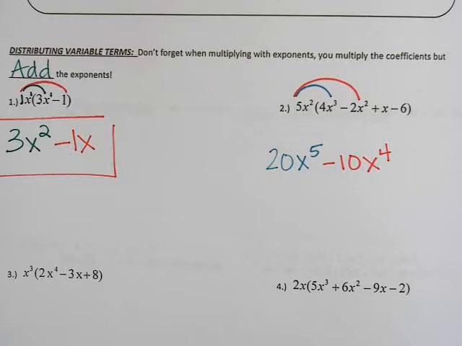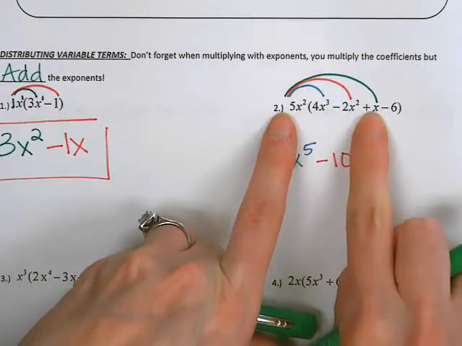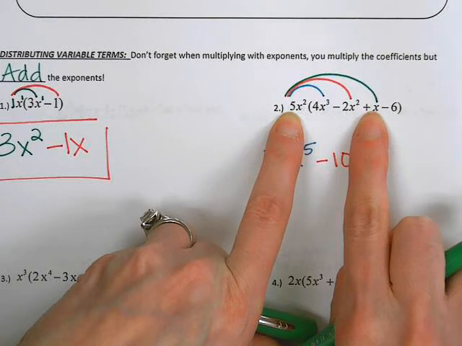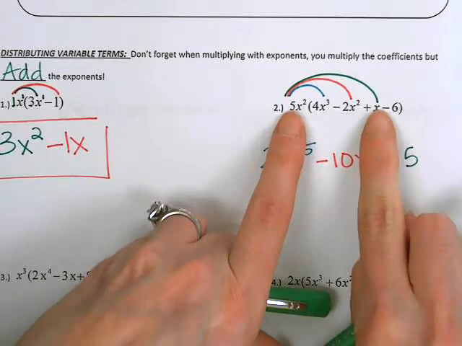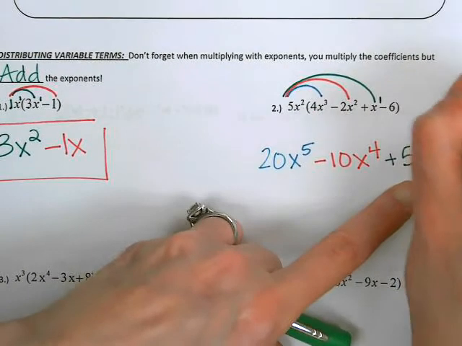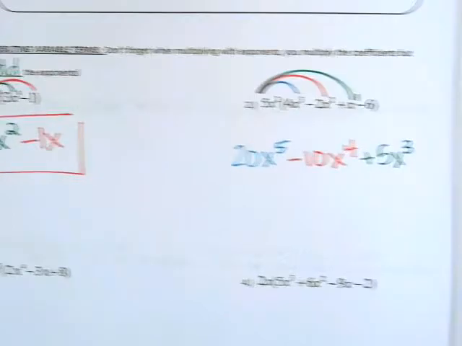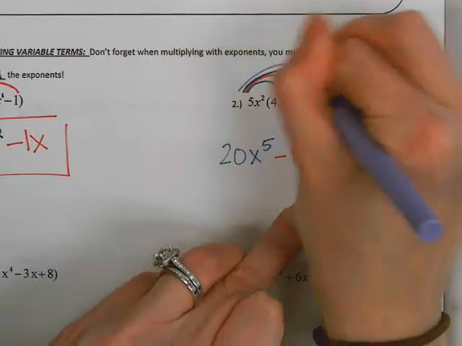All right, moving on. 5x squared times 1x. You multiply the numbers. 5 times 1 is 5. And you add the powers. 2 plus the secret 1 is x to the third. And then last, 5x squared times negative 6.